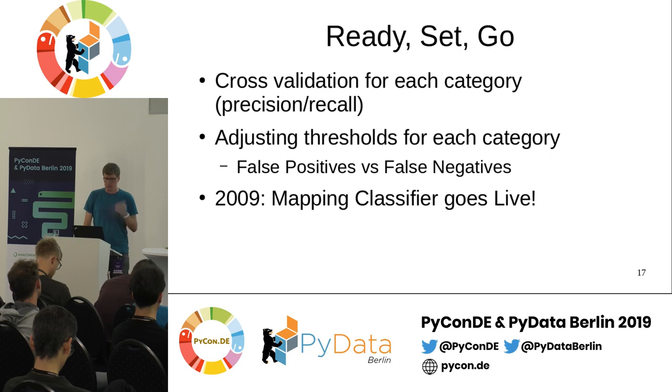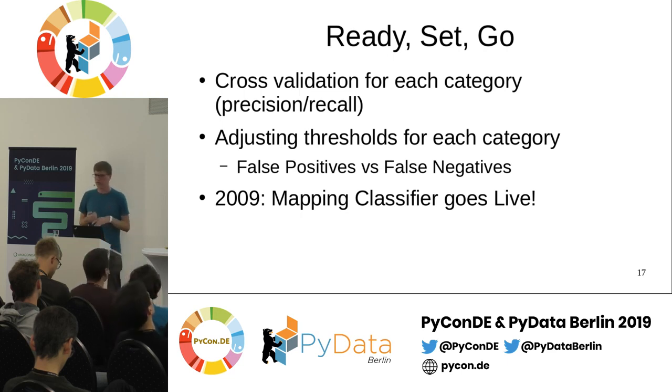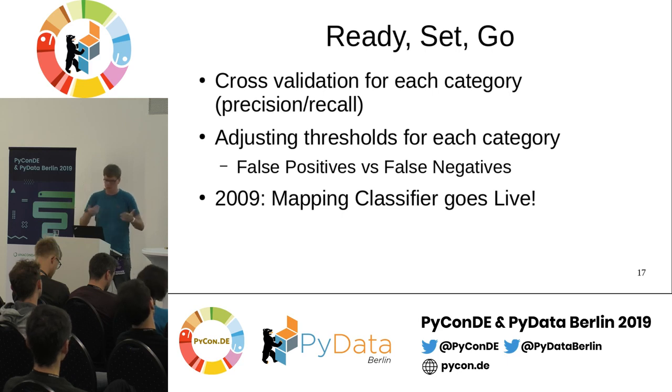But then, they did their infrastructure. They worked on the data and so on, did the cross-validation for each category, looked at the precision and recall ratio, is it good? As mentioned, they had the true labels from the third party, so it was easy to compare.